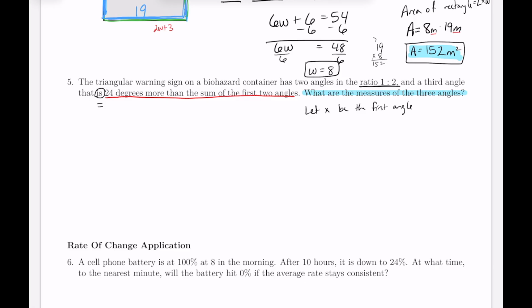Well, if x is the first angle, then the next angle is going to be 2x. So we can define it, or I can just say let 2x be the second angle. Okay.